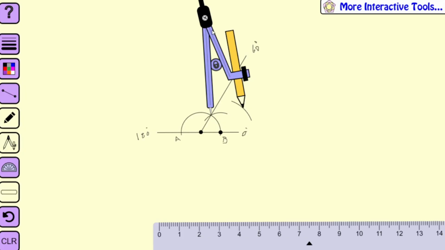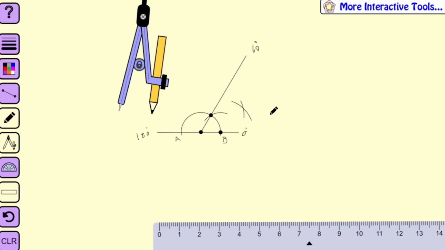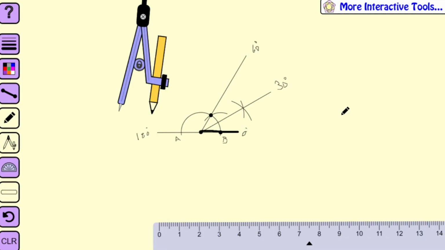We're going to scribe the section. Notice we kept the same radius. Don't open it or close it. Draw from the vertex through this point, then label. See? After you're finished with that, we're going to darken the ones that the question asks. So from 0 to the vertex, use the ruler, and from the vertex to the 30 degrees.